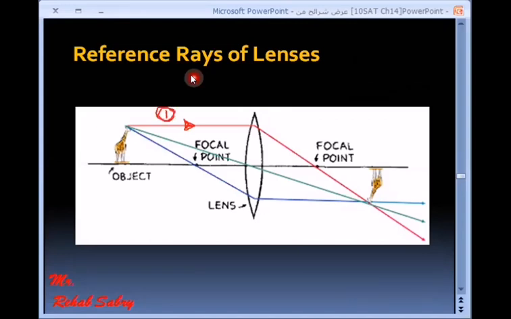If the ray is parallel to the principal axis, this is F, and this is F, and this is the optical center. Okay, parallel to the principal axis, it bends through the focal point.